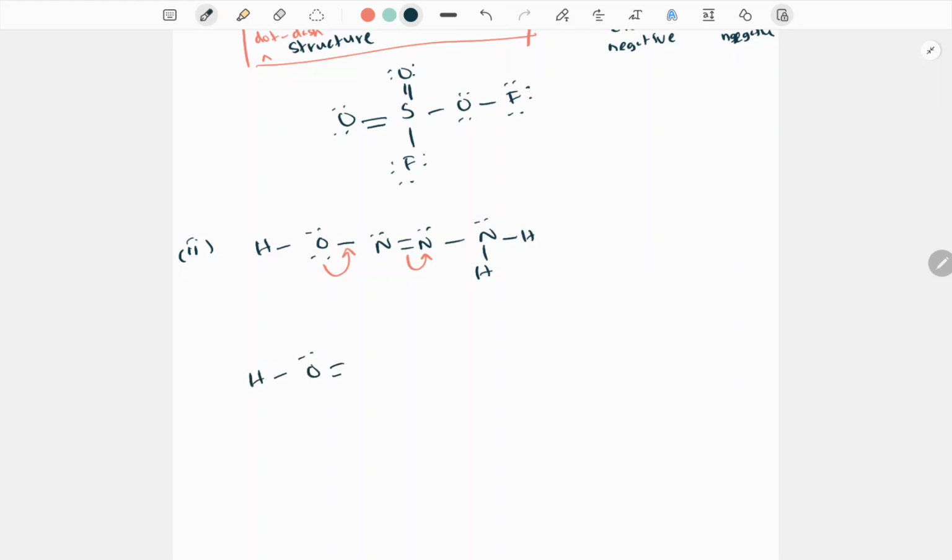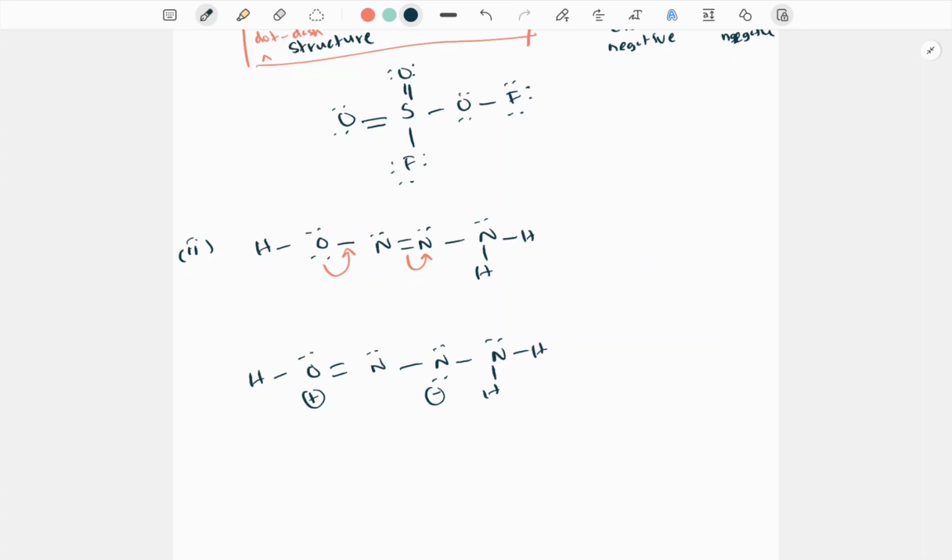O double bond N double bond N. What are the formal charges? Oxygen plus, nitrogen 0, this nitrogen minus 1, like this. This will be one thing.